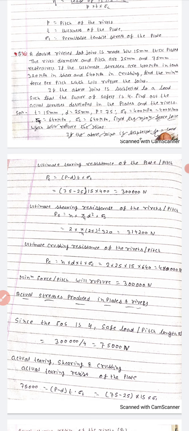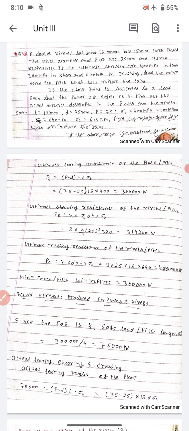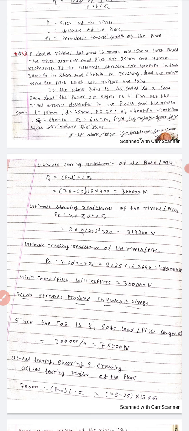If the ultimate stresses are 400 MPa in tension, 320 MPa in shear and 640 MPa in crushing, find the minimum force per pitch which will rupture the joint.